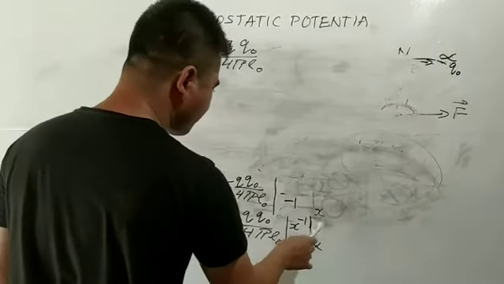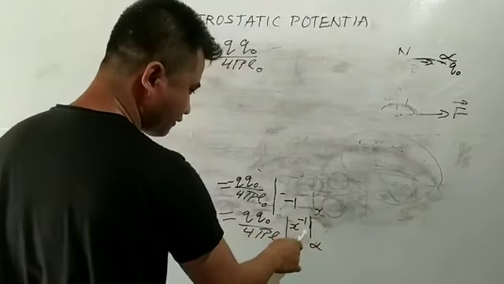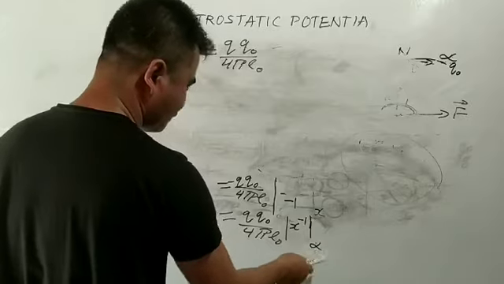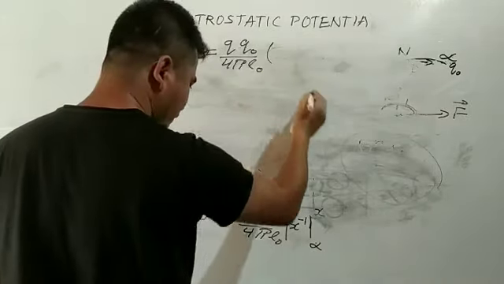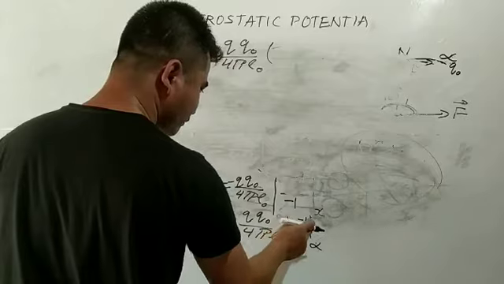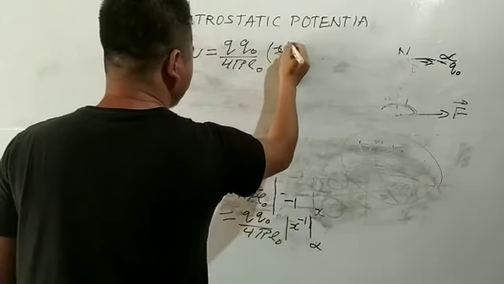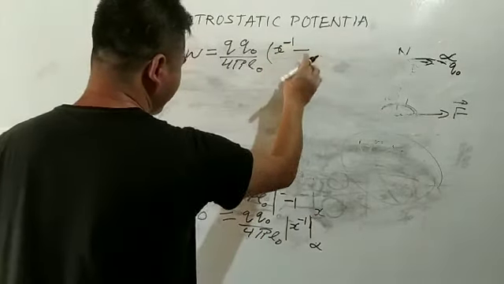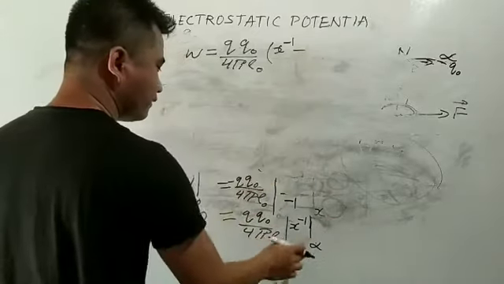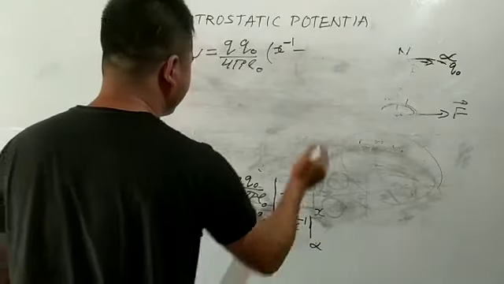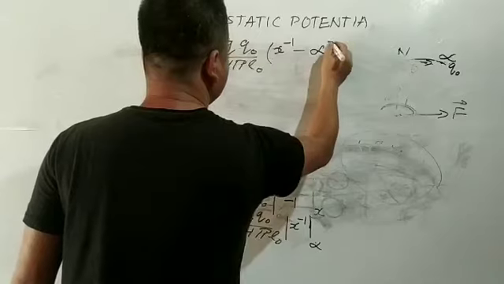Now here also first we keep this, in place of x we put this x, so it is the same, x to the minus 1. Now in place of x you have to put infinity, so infinity to the minus 1.